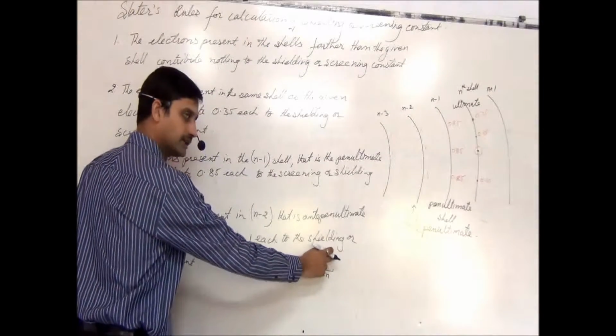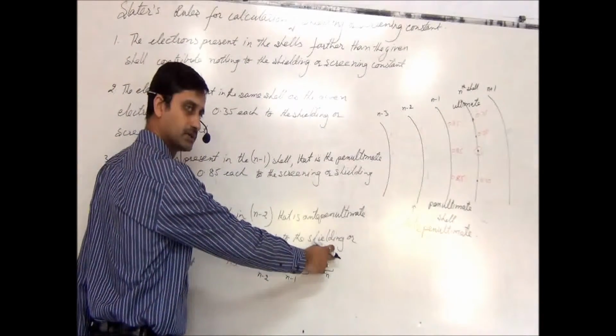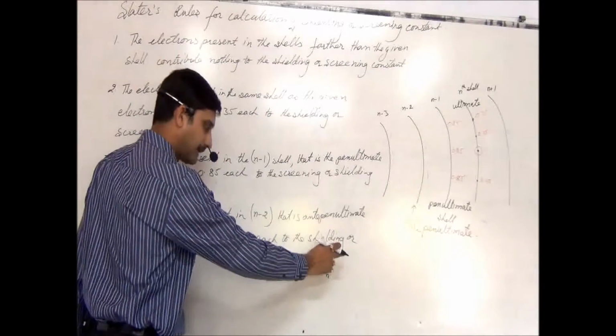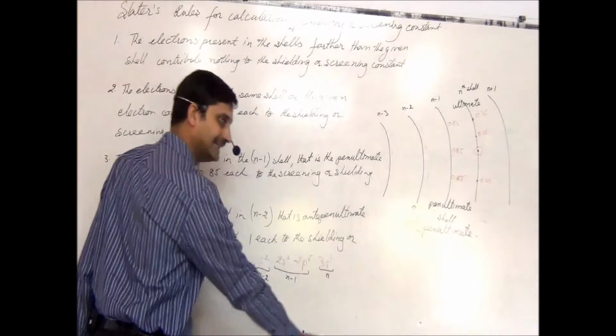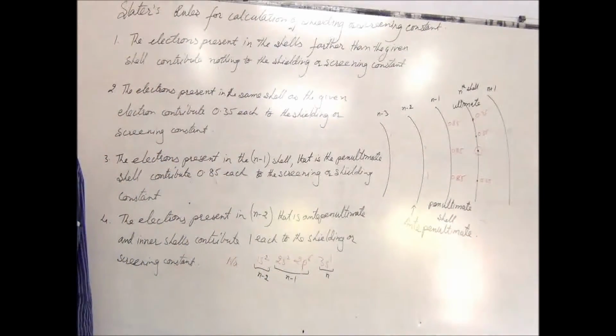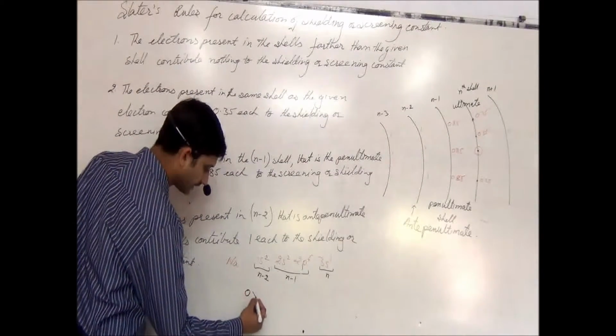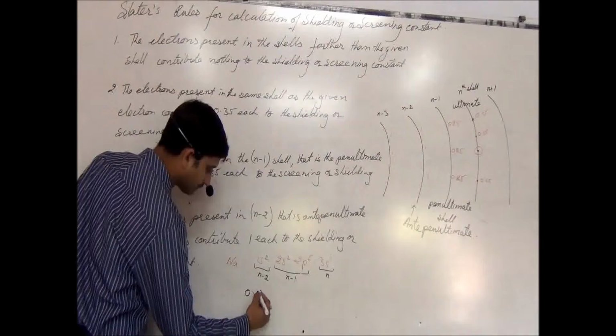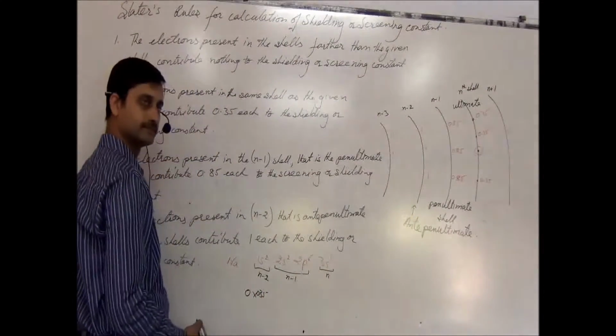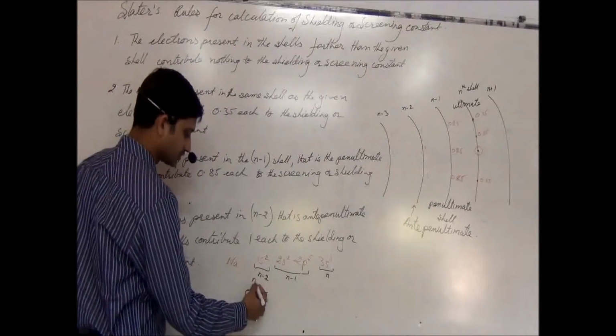we have to calculate the shielding or the screening effect on this particular electron. Apart from this electron, there isn't any electron present in the outermost shell. So, we have 0 into 0.35. This is for the nth shell.